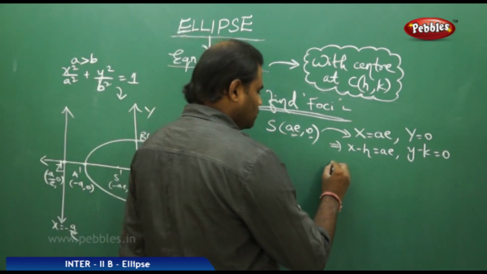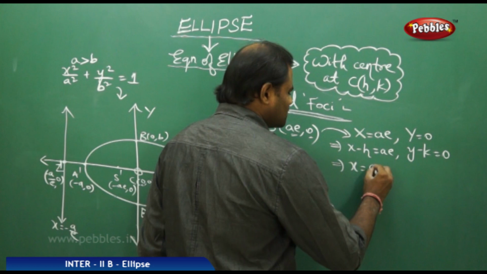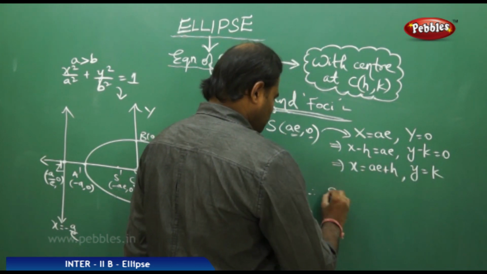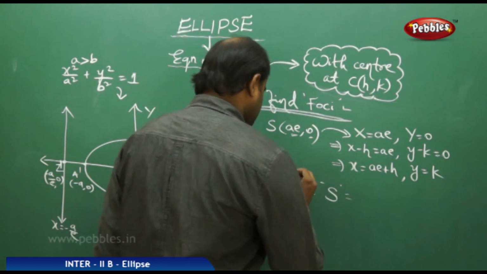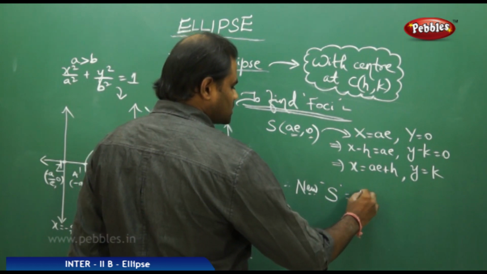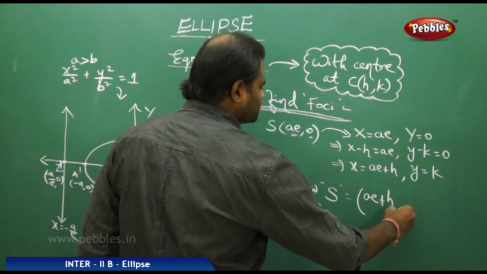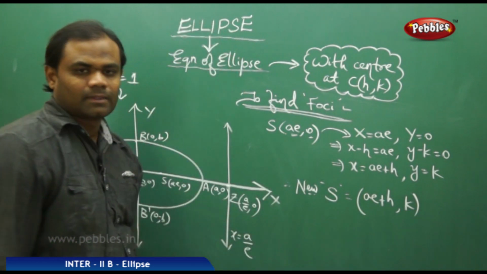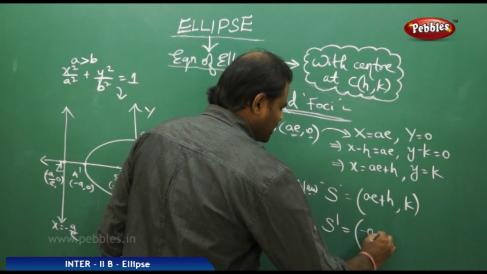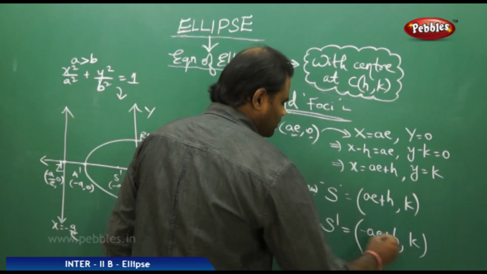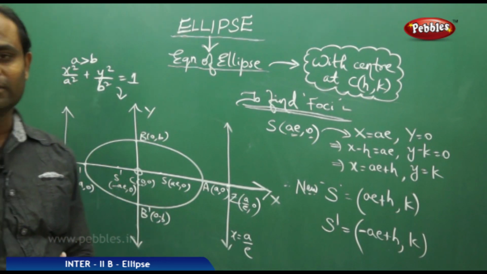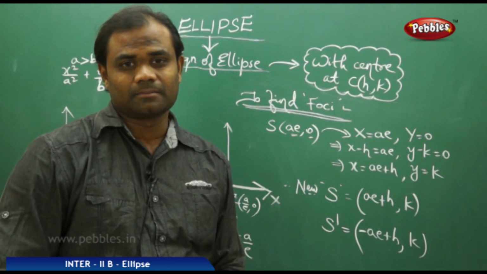Therefore I get my new coordinates as x equals ae plus h and y equal to k. Therefore the new transformed focus is (ae plus h, k). Similarly, my S dash will be (minus ae plus h, k) is what I get for the new coordinates of the transformed equation of ellipse.